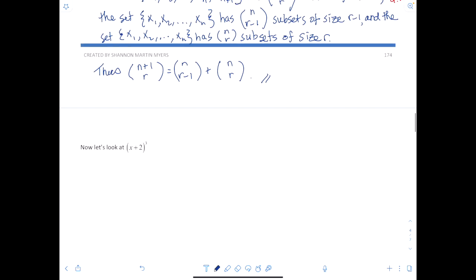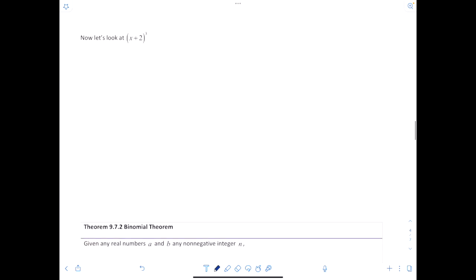All right, so now let's take a look at x plus 2, the quantity cubed. Now, x plus 2 cubed is equivalent to x plus 2 times x plus 2 times x plus 2, because exponentiation is repeated multiplication, right?